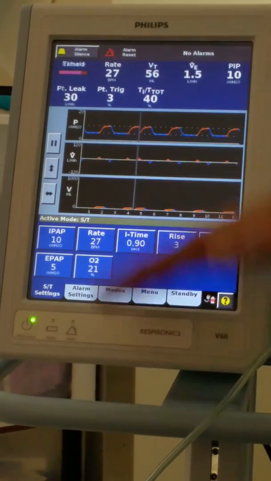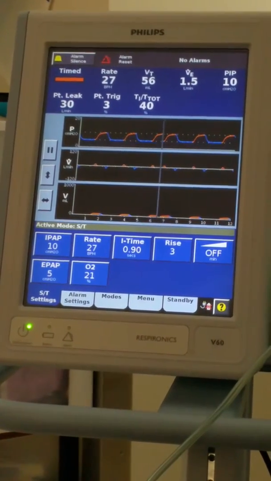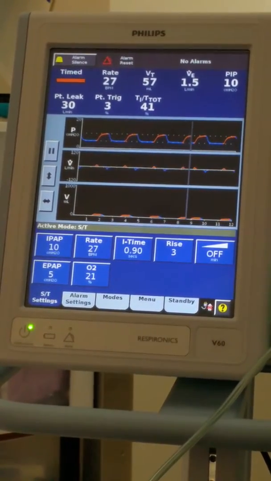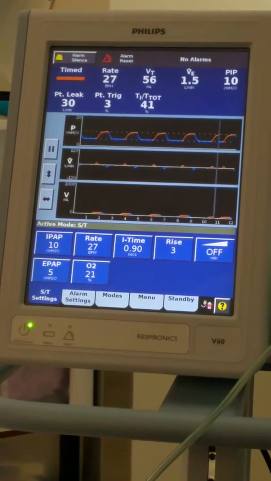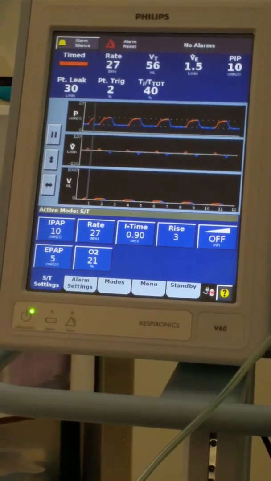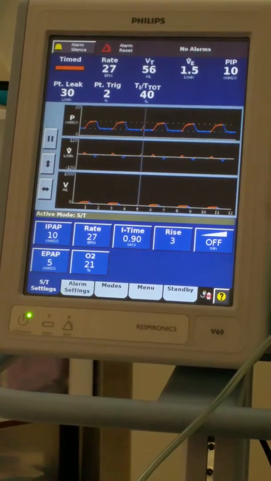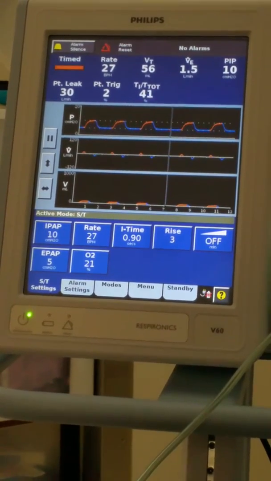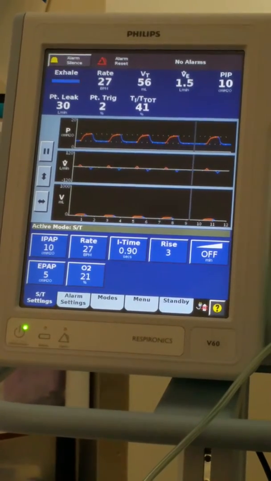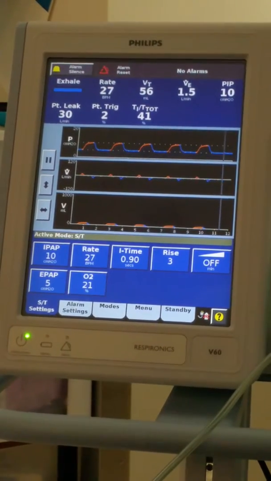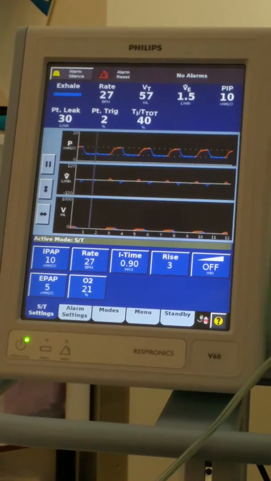What is CO2 related to? Ventilation. What kind of ventilation? Point to the ventilation that's going to affect CO2. Is it tidal volume? Well, that's one breath. Respiratory rate. Yeah.